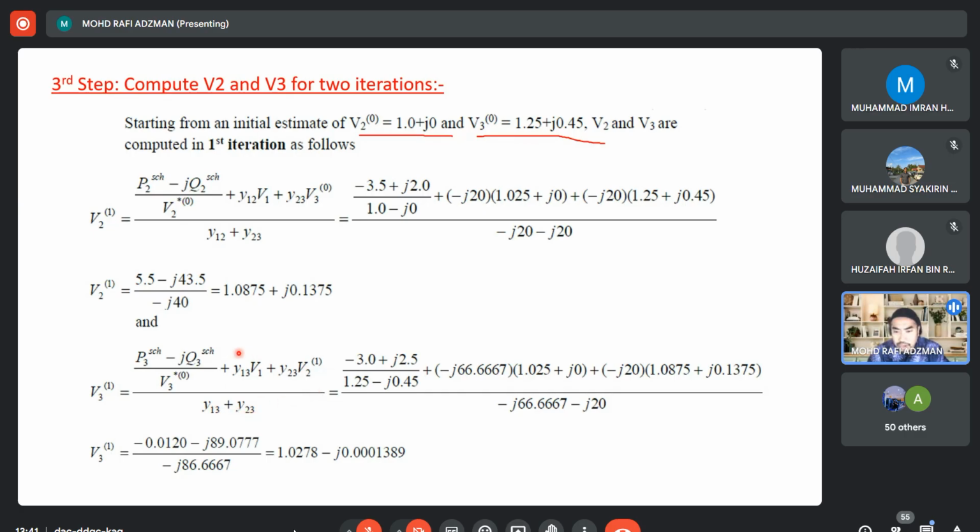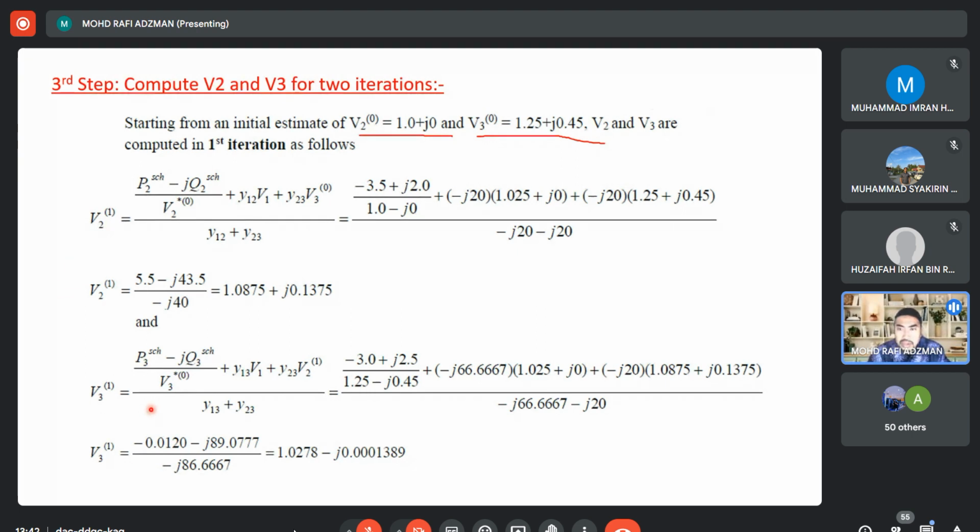Okay, so put back all the voltage values, admittance values, power, and reactive powers. Then you find that V31 equal to 1.0278 minus J0.000138. Okay, done for first iterations, bus voltage at bus 2 and voltage at bus 3.